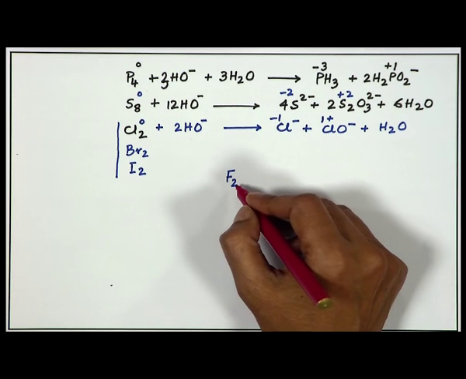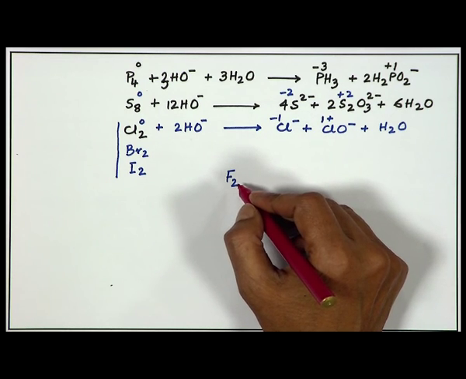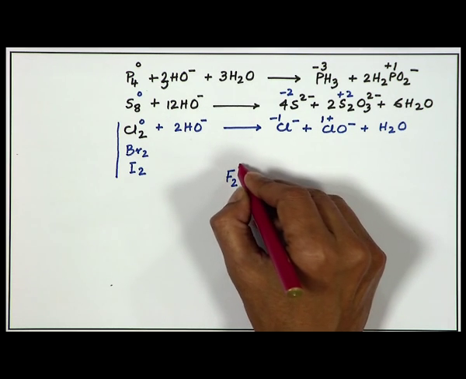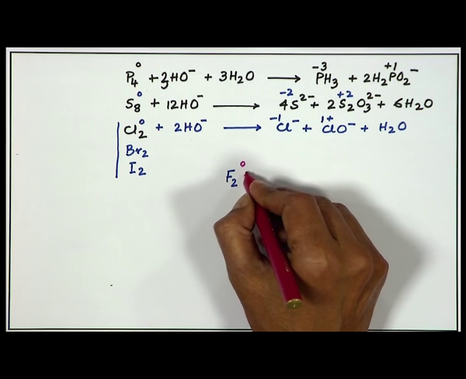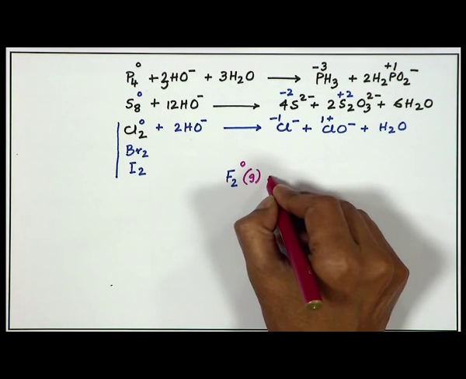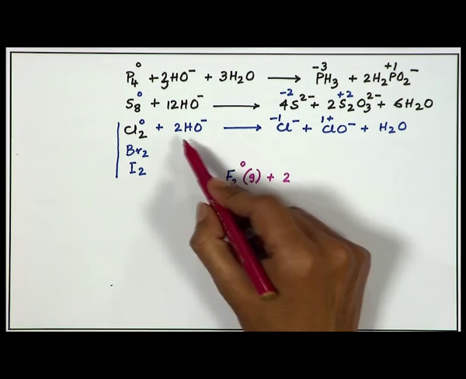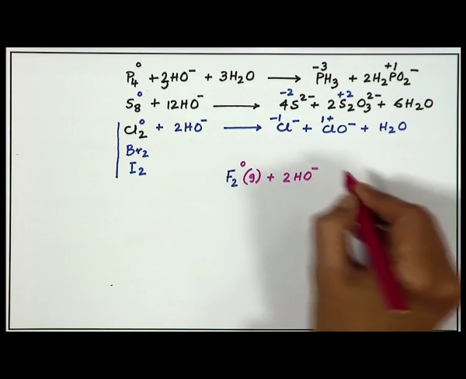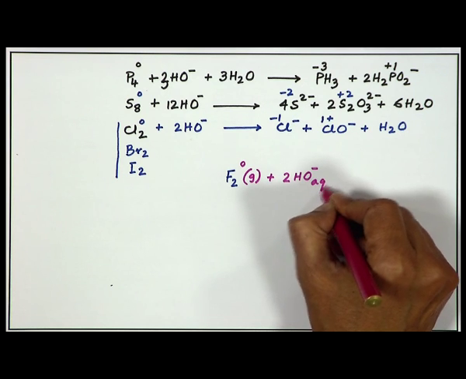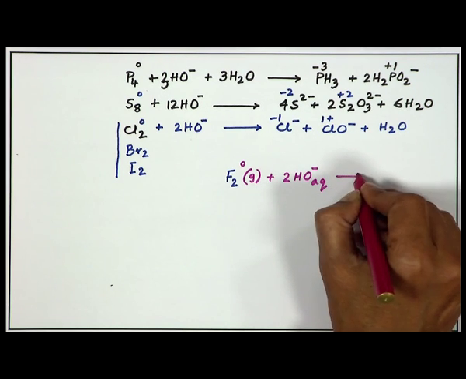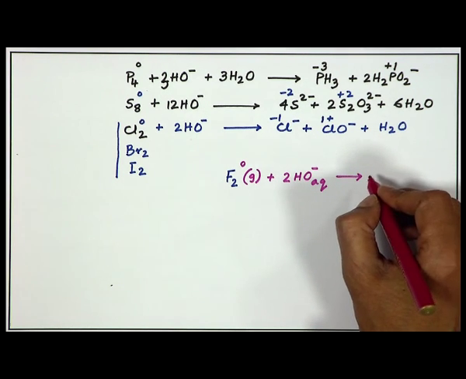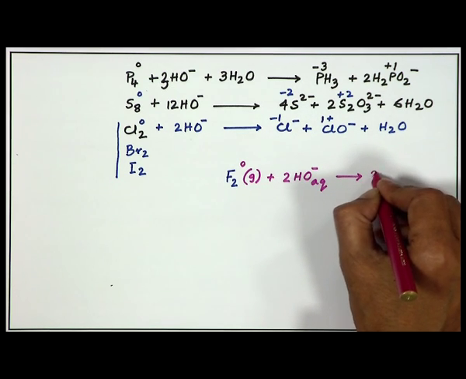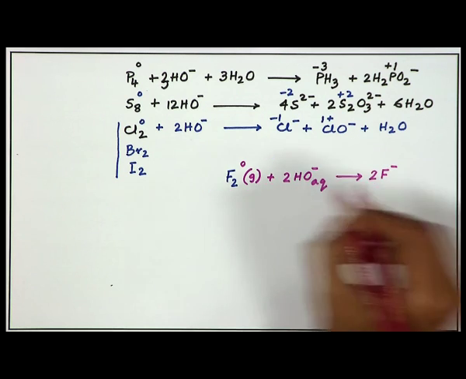So, the F2, the fluorine molecule, does not show this typical disproportionation reaction. This fluorine, which is F2 in the gaseous form, when it reacts with the same reagent, the alkali present in the reaction condition, which is in the aqueous form, giving rise to fluoride will definitely be forming. So, it will be giving rise to 2F minus.